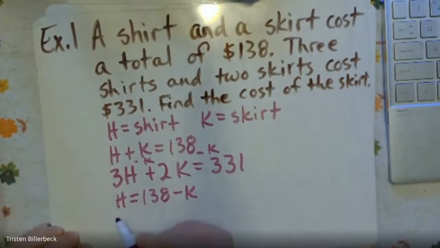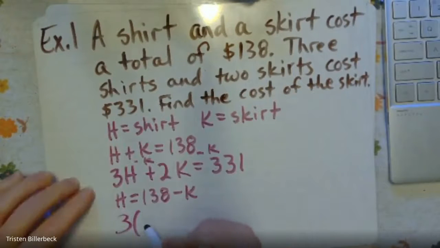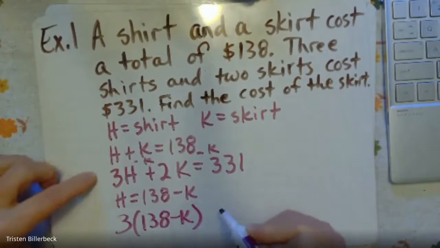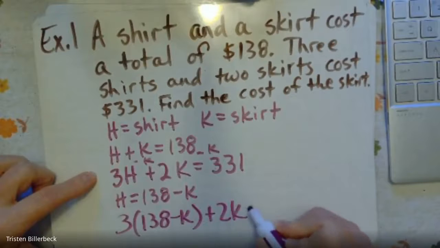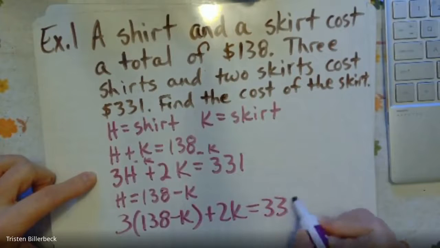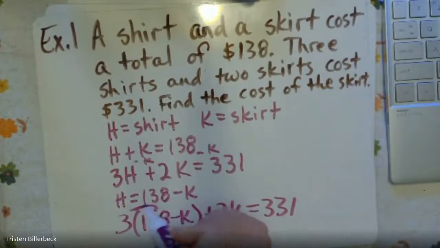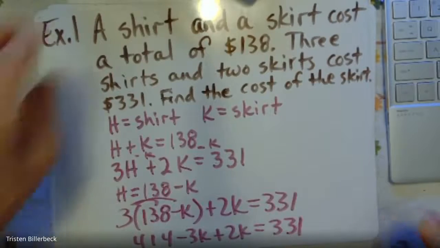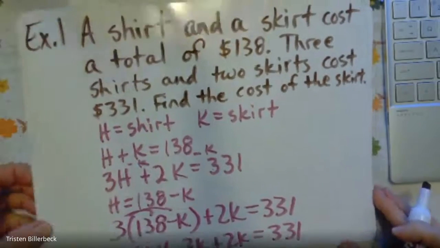So I have 3 times 138 minus K plus 2K equals 331. Okay, so 3 times 138 is 414, minus 3K plus 2K equals 331. These problems are much too long.